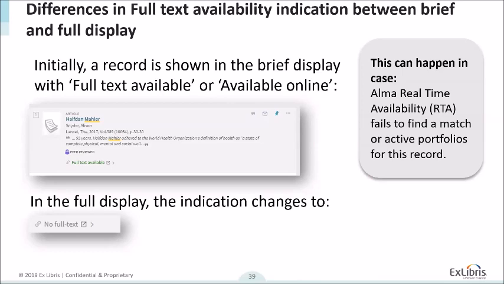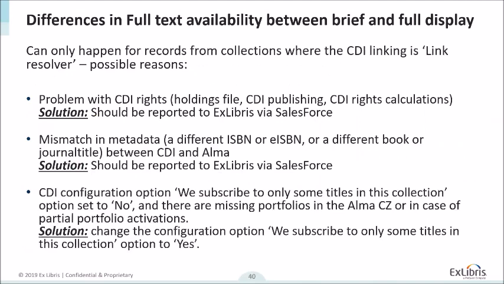Let's look at some potential causes of this problem, and if there is any solution that you can do yourself. So first of all, you can see there are different reasons why this problem can happen, and so there are different ways in which you can solve it. The first thing that happens is it can be a problem with what we call CDI rights. So in Alma, there's a publishing profile.